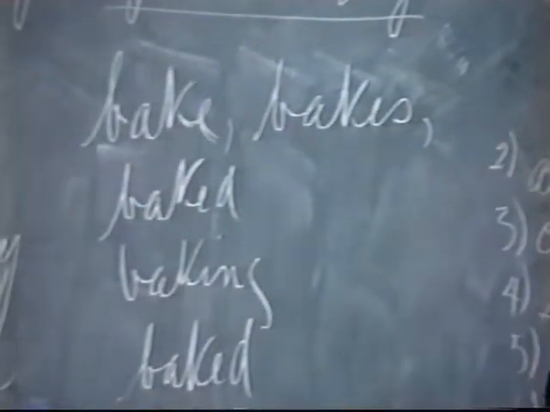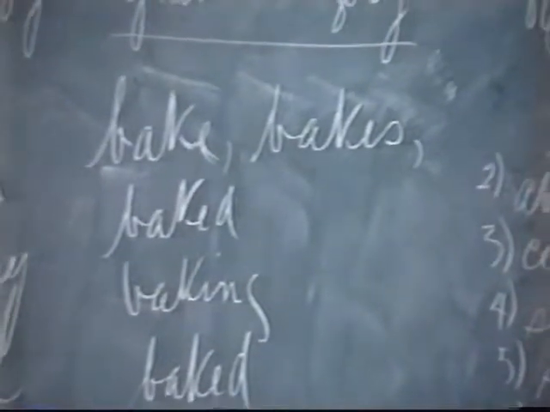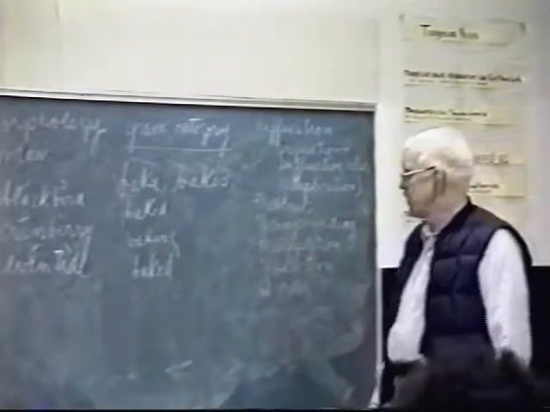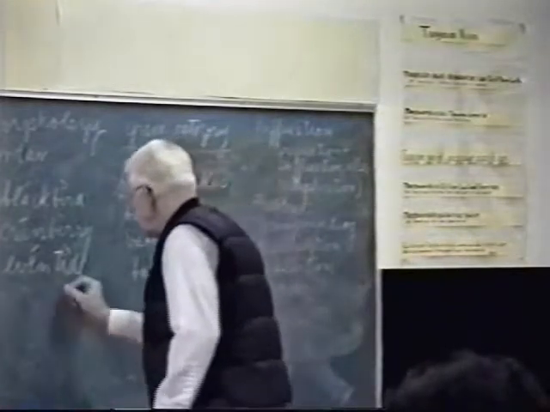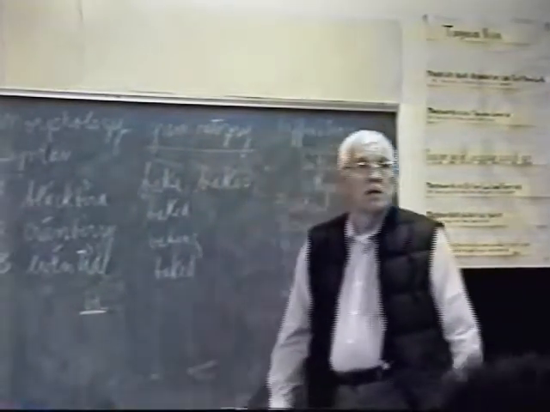But there's one English verb which is extremely irregular, which doesn't behave like 99% of the verbs in English. And that's this verb, to be.